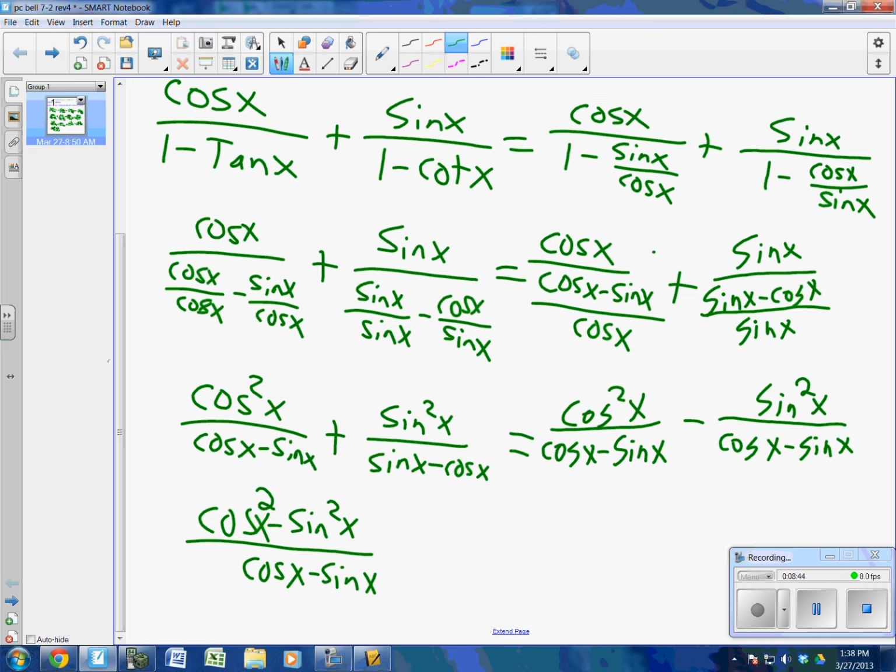You can't cancel because you have a cosine squared being minus from a sine squared. You have to do the minus before you could cancel. You can only cancel whole factors.